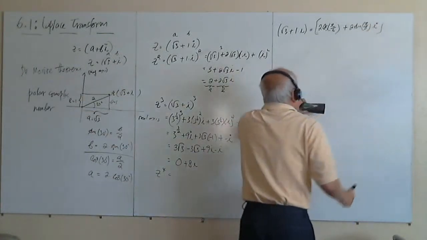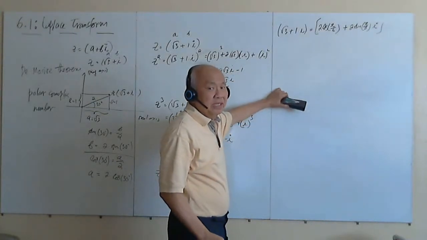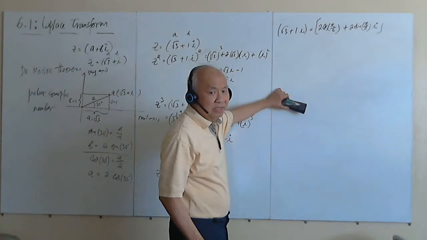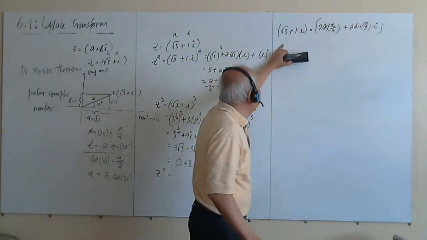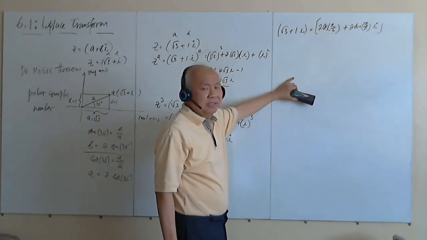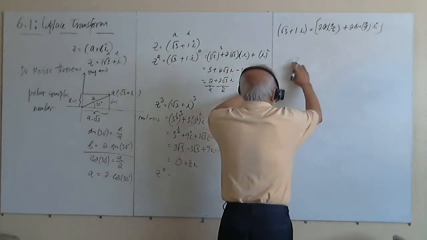Am I correct? The same thing. Yes or no? Right? So I didn't do any changes at all, except I'm just representing square root of 3 and 1 in terms of trigonometric functions. That's it.